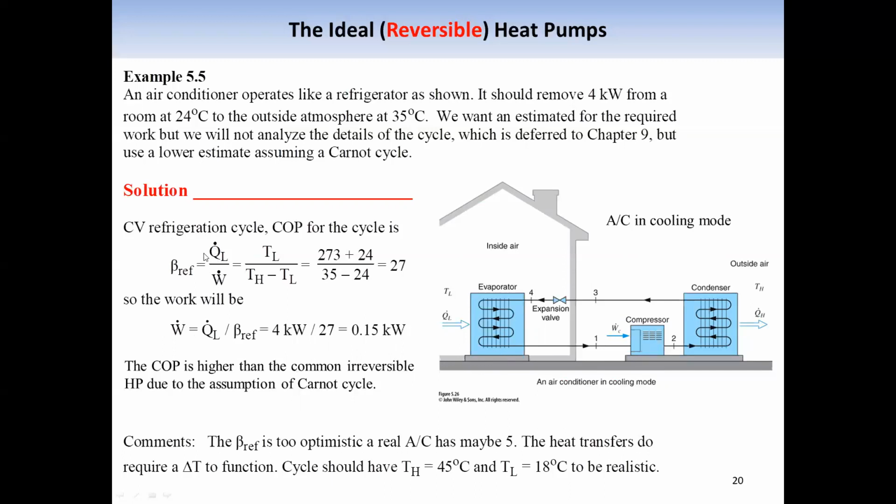And this ratio, if the air conditioner is operated in the idealized condition, can be expressed as a simple function of temperatures. This was what was discussed in the last session. So the work term can be estimated based on this portion of the equation if the COP is estimated.